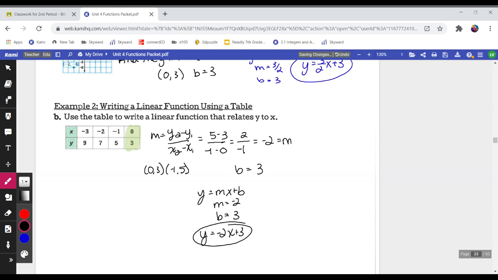Now, if you wanted, you could have also figured out the slope from inside the table. My y's are decreasing by 2 each time, as my x's are increasing by 1 each time. So the change in y divided by the change in x is negative 2 divided by 1, which is negative 2. That's another way of finding your slope.